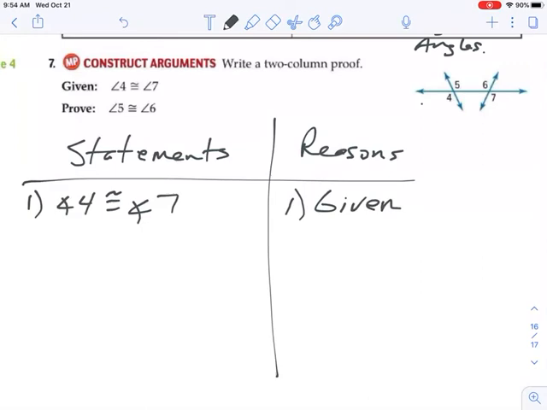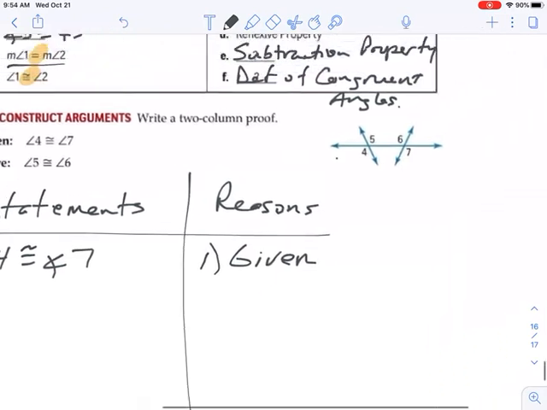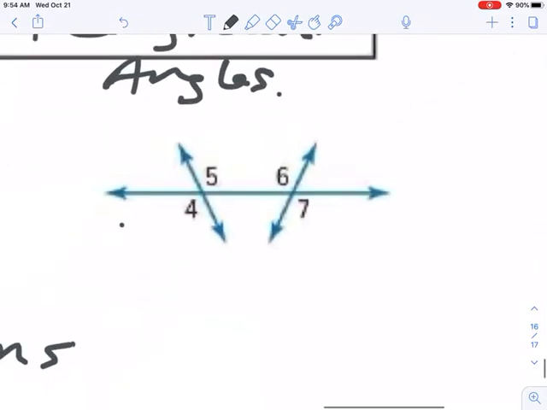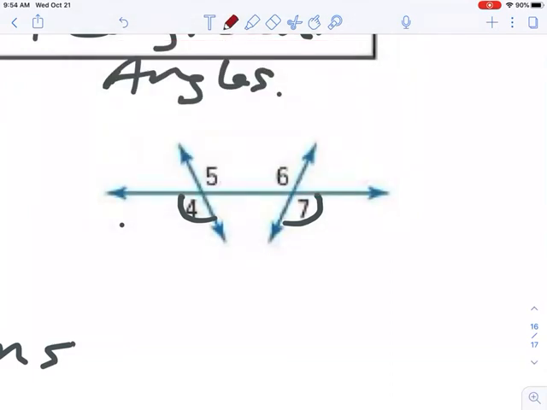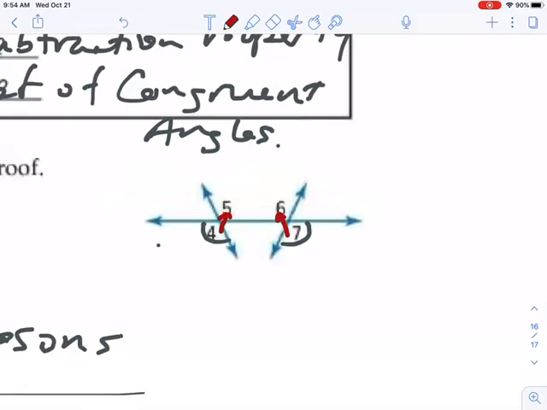4 and 7 are the same. What do we know here? 4 and 7 are congruent. Notice, in red, 4 and 5 are verticals. 6 and 7 are verticals.